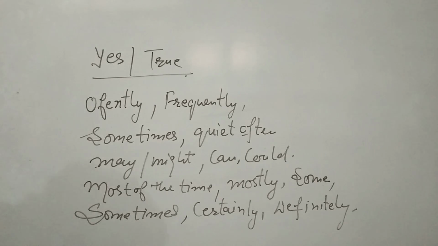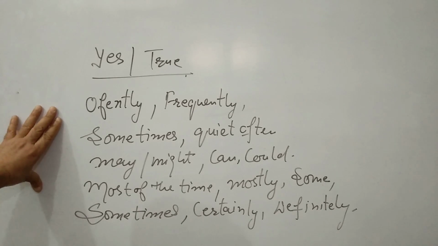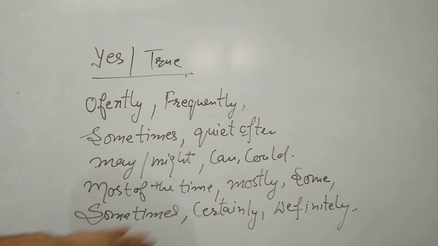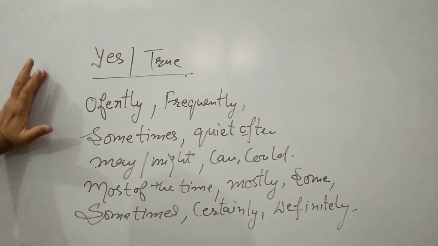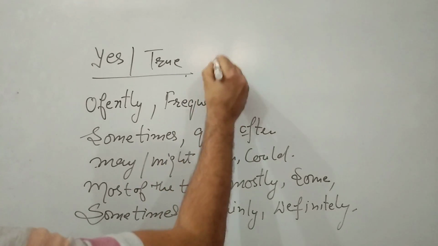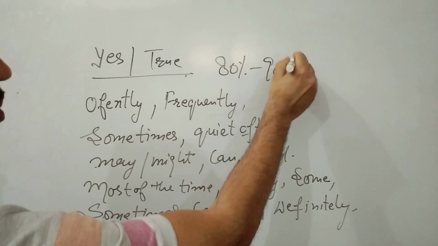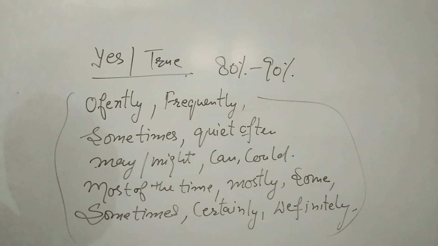For yes or true, if you find certain words like often, frequently, sometimes, quite often, may, might, can, could, most of the time, mostly, some, certainly, definitely in the question statement and you don't have much time to think, then 80 to 90% chances are that statements having such words or phrases are usually yes or true.